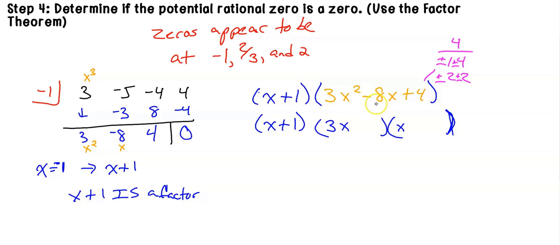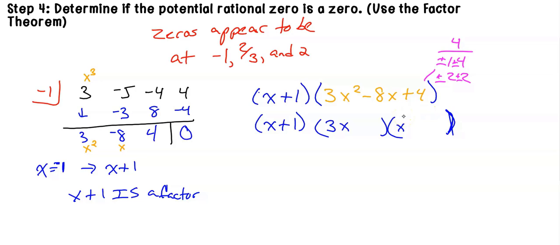Because our middle one is negative, and this is positive, when it multiplies, it has to be positive. So we're going to use the negatives. So we're going to use -1 and -4, or -2 and -2. So I know if I do 4 times 3 is 12, and 12 plus 1 is 13.